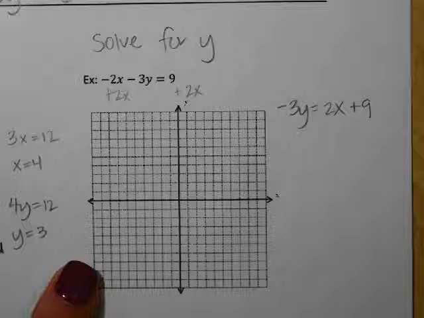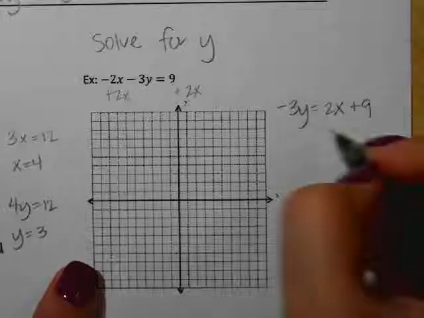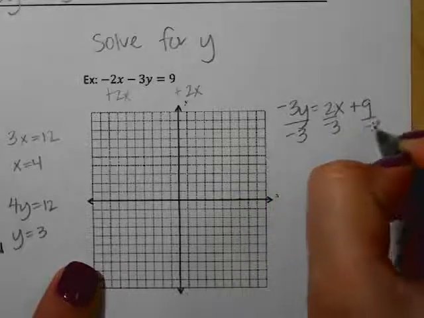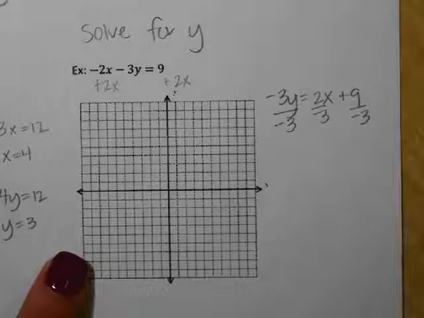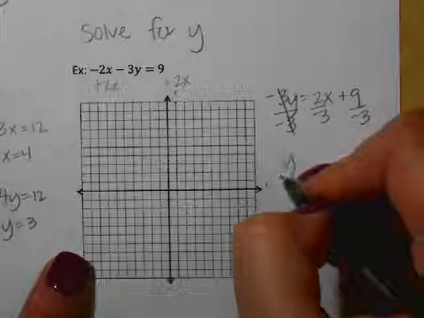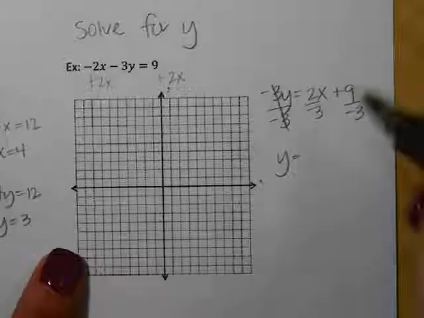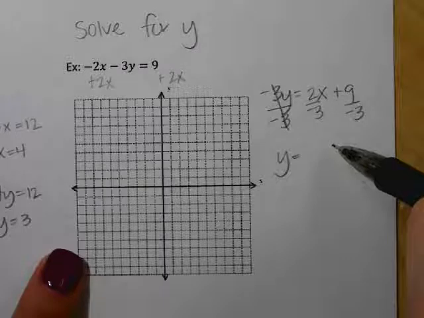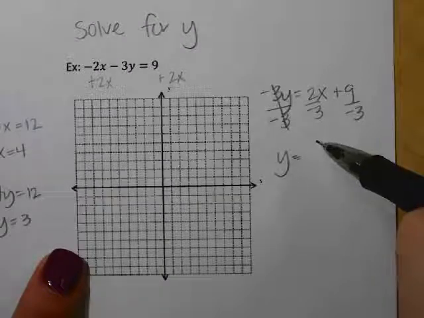And then what do I have to do to get rid of the number in front of y? Divide. So I'm going to divide by negative 3, divide by negative 3, divide by negative 3. I'm doing that to everything. So these cancel. I get y equals, do I have to write it as 2 divided by negative 3? Anybody know? You can just take the negative, move it to the front of the fraction.